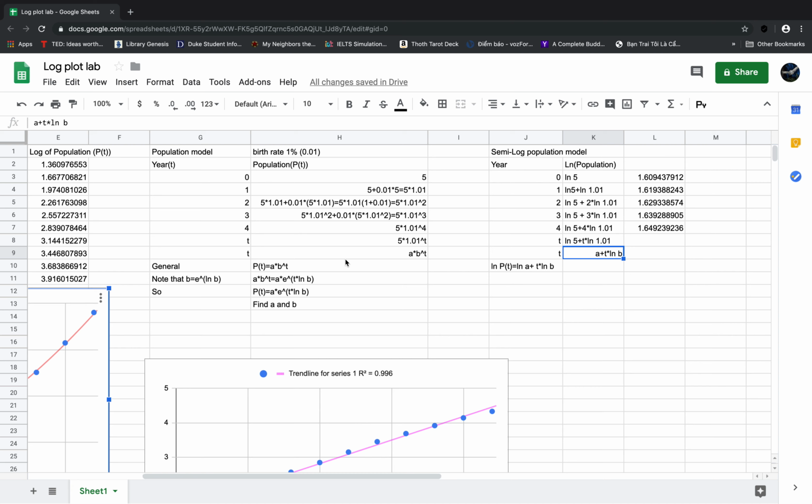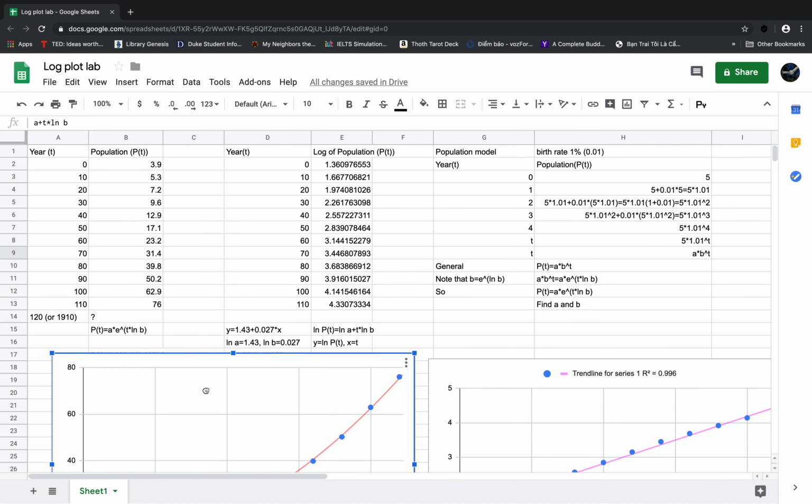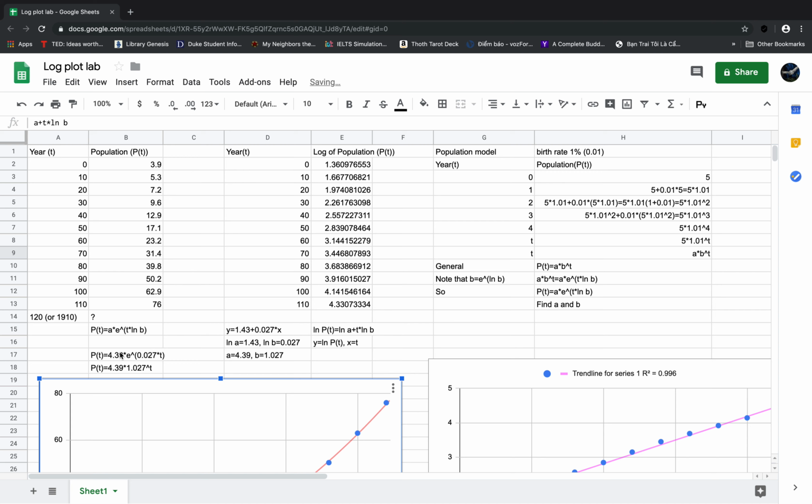So instead of looking at a curve, now we have a line, where y represents log of P(t) and x represents t, as we have here. So our P(t) has the form a times e to the t ln b, or log b.